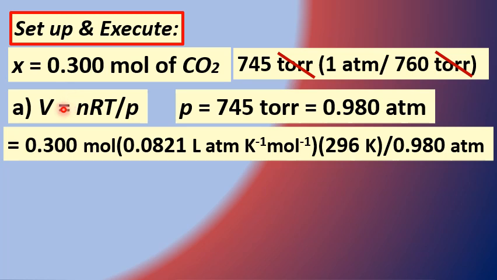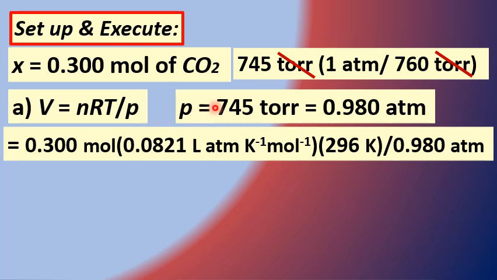And using our formula for the ideal gas law equation, the volume, capital V, is just equal to the product of the number of moles, represented by letter n, multiplied by the universal gas constant, and then multiplied also by the Kelvin temperature, capital T. The product will be divided by the pressure, small p, the given pressure.